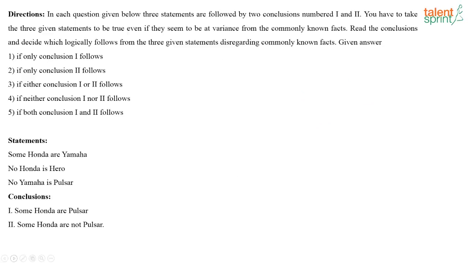Next. In each question given below, 3 statements are followed by 2 conclusions numbered 1 and 2. So looking at the given statements and conclusions, you have to say which conclusion follows. So next is a question on syllogisms. Yes. So let us solve this. What is given here? Some Honda are Yamaha.